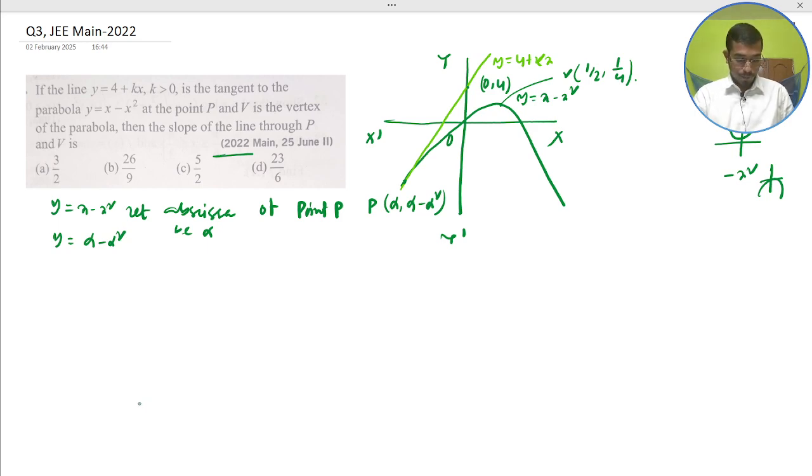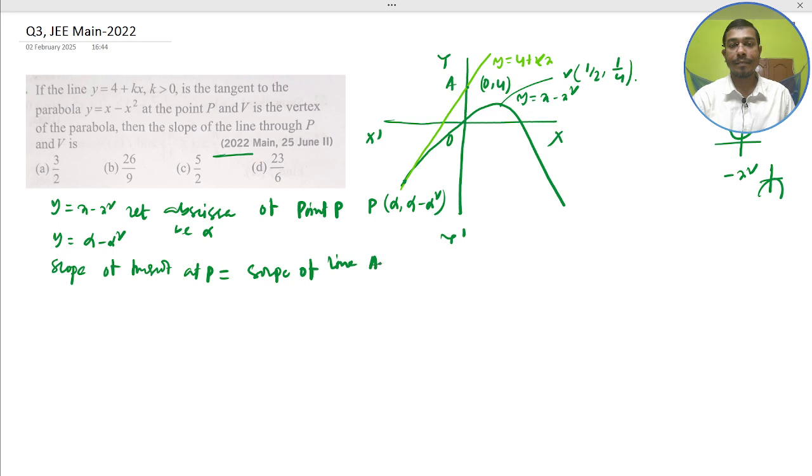So slope of tangent at P equal to slope of line AP. That line should be AP. This is A and that is P, the AP line. So slope of tangent at P is equal to slope of line AP by observation.